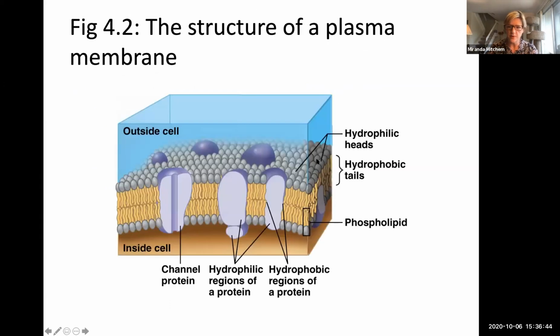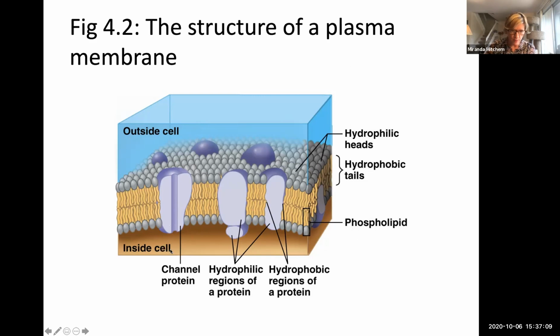So this is perhaps a more accurate way to look at it. So we've still got our phospholipid bilayer that we saw before. We've got our internal environment inside the cell versus the outside environment, which would be just the fluid that our cells are bathed in. But now you can appreciate that there are some proteins embedded within this layer.